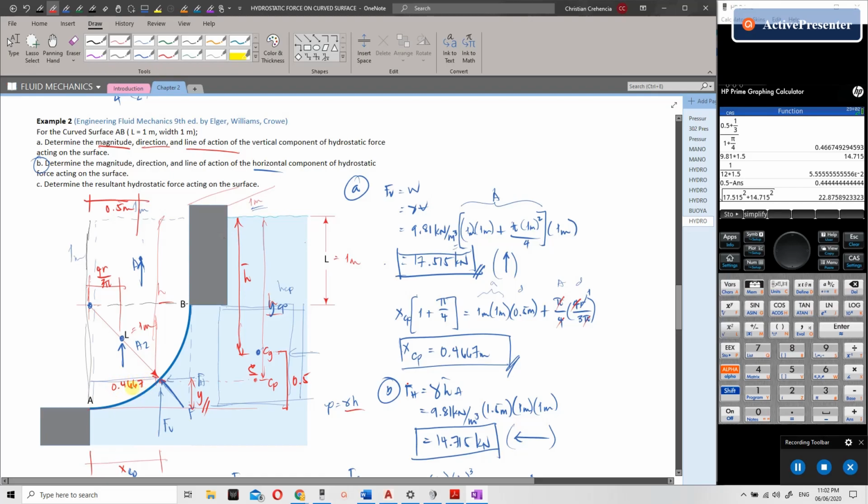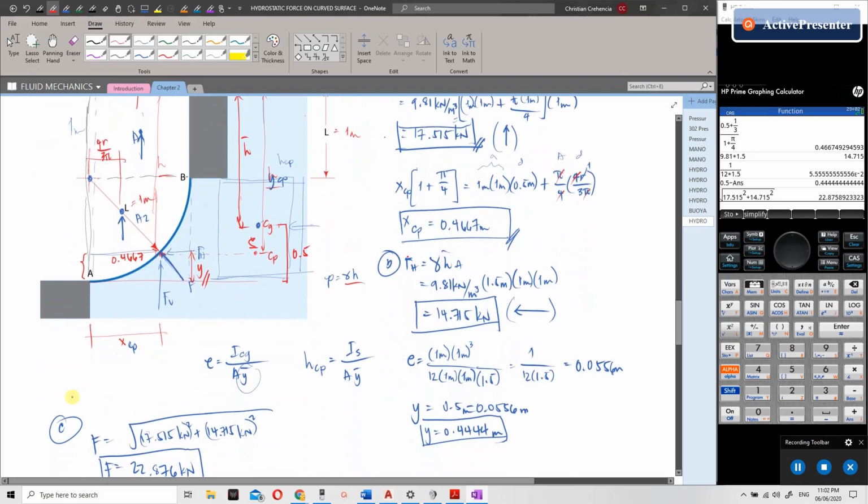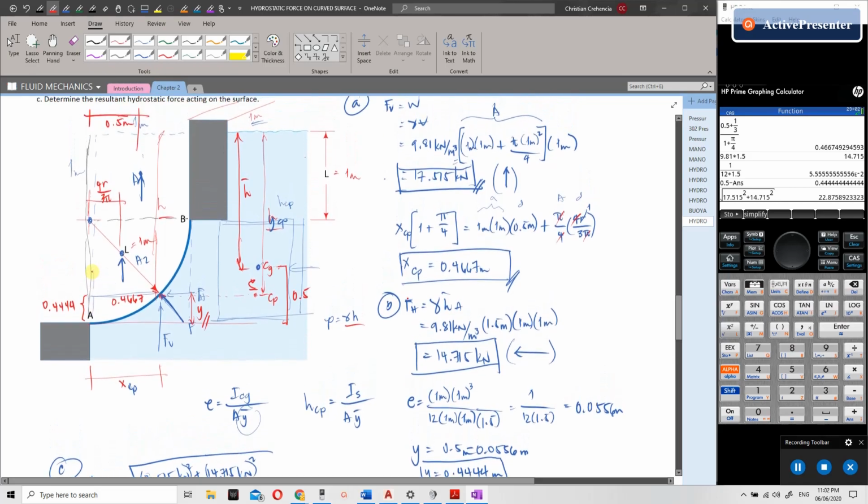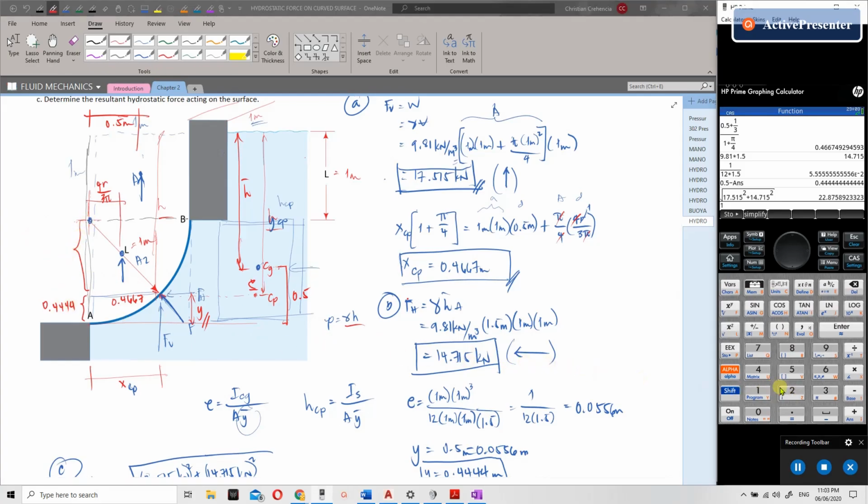Okay. And then etong portion na to, so this is 0.4444 meter. Okay. So makukuha natin tong height na to. So this is 1 minus 0.4444.